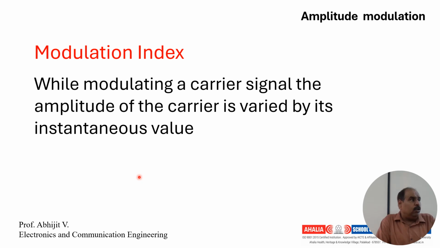While you are modulating, you are changing the amplitude of the carrier signal with respect to the instantaneous value of the message signal. Modulation index is going to determine to what extent you have changed the signal, or to what level you have modulated the signal.